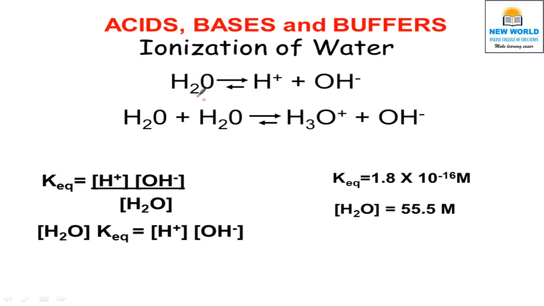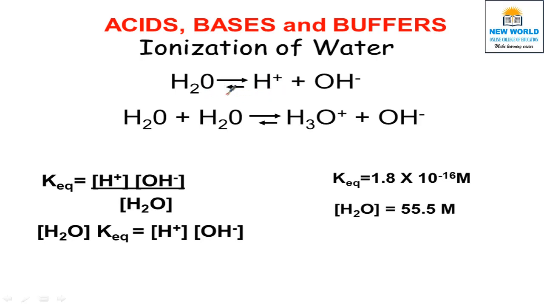But sometimes we need to take into account the ionization of the water molecule. A water molecule undergoes ionization and forms a hydrogen ion and a hydroxide ion. The ionization of water is very small, so very few molecules undergo ionization.